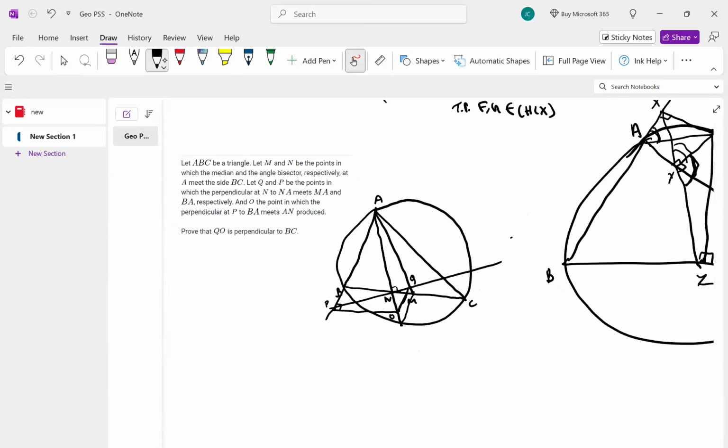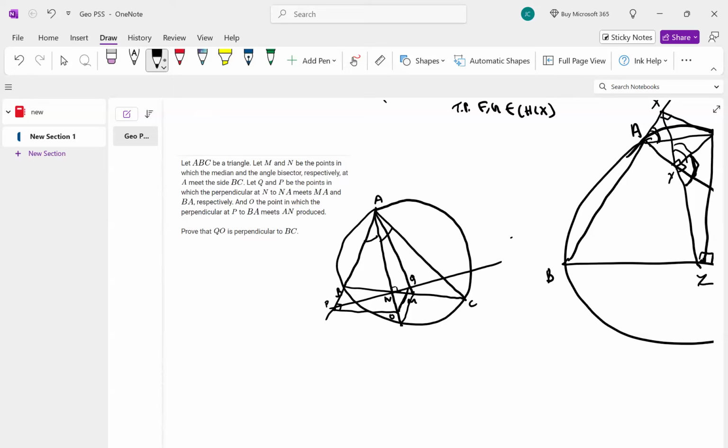So now we have this problem. You're given that M is the midpoint of BC and N is where the angle bisector intersects BC. And you're taking the perpendicular at N to AN, and it intersects AM at Q and AB at P. And the perpendicular to AP at P intersects the angle bisector at O, and you want to show QO is perpendicular to BC.